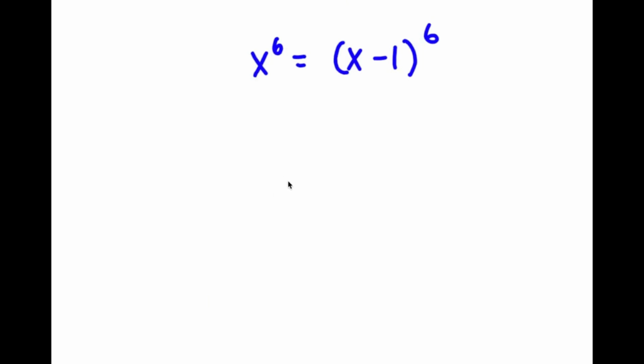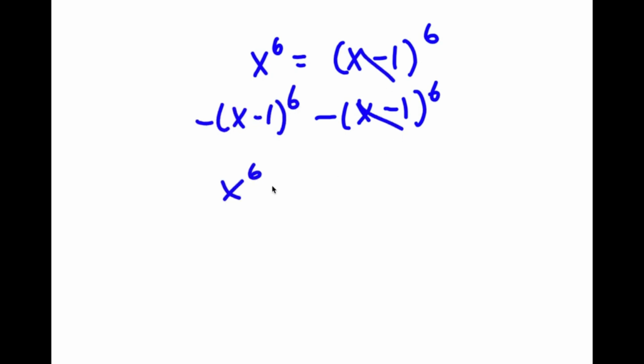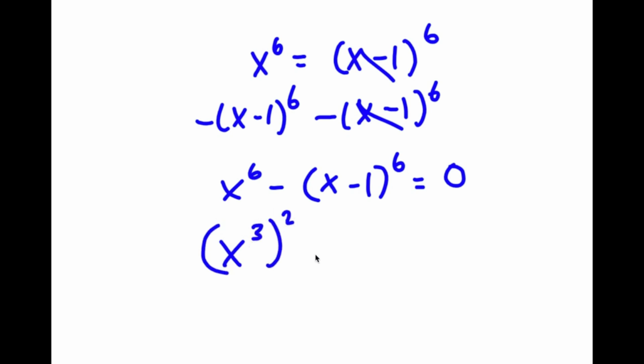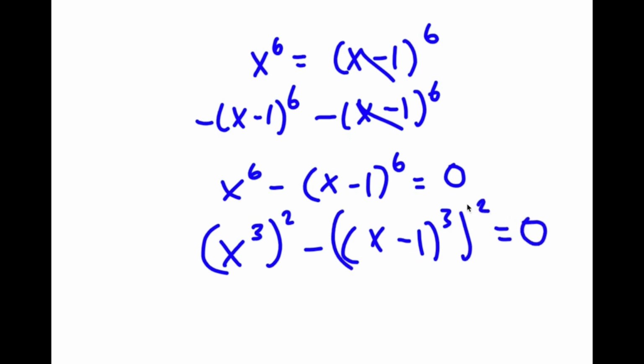Alright, so in this problem, I have x to the power of 6 is equal to x minus 1 to the power of 6. So I'm going to first start by subtracting x minus 1 to the power of 6 on both sides. So these two cancel out, and I get x to the power of 6 minus x minus 1 to the power of 6 is equal to 0. Now I'm going to rewrite this as x to the power of 3 squared minus x minus 1 to the power of 3 squared is equal to 0.